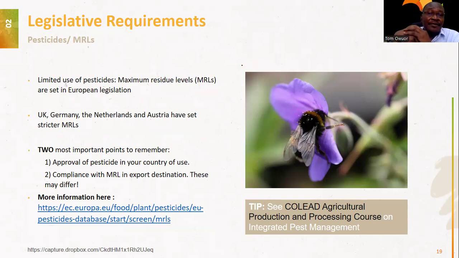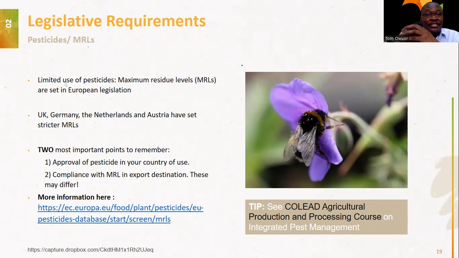Kenya, in particular, for French beans, suffered a lot last year because we had a very high level of notifications because of exceedance of chemicals applied onto the various vegetables that Kenya exports into the European Union market. Now, UK, Germany, Netherlands, and Austria have much stricter MRL regulations. So anybody targeting this market must know that MRL levels must be contained.